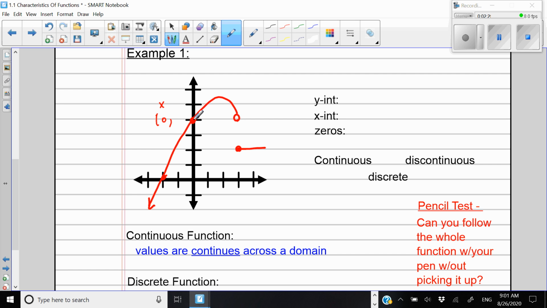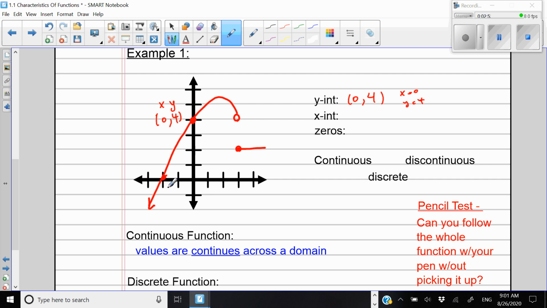What is it? 1, 2, 3, 4. So y is equal to 4. So I can say the y-intercept is (0, 4). x is always 0 for the y-intercept, and y is this value, in this case 4.